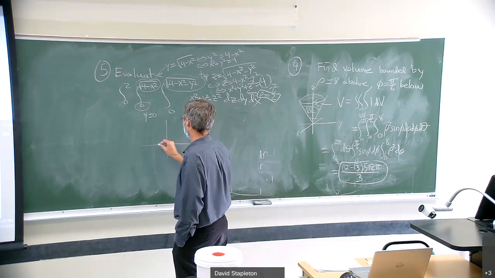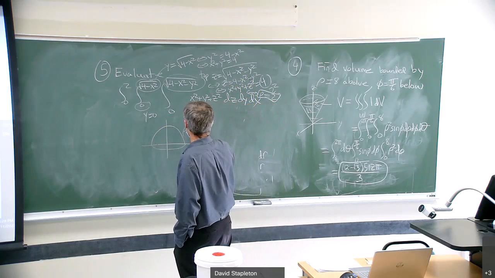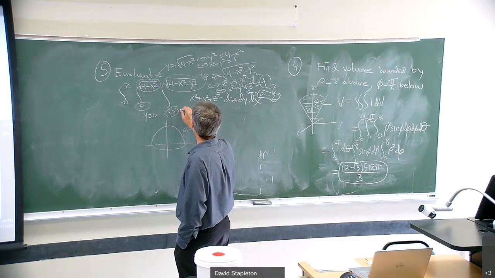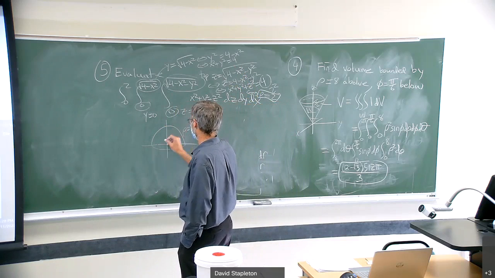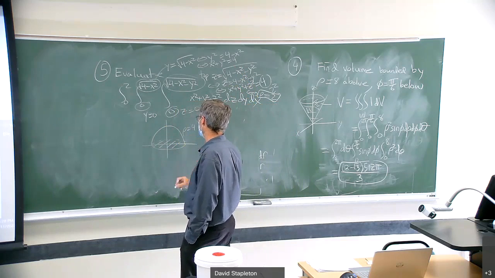So this is what you have. You have a sphere of radius 2. This is your rho equals 2 top. It starts at the bottom where this was z equals 0, so you're going to go all the way down to the xy plane like that.